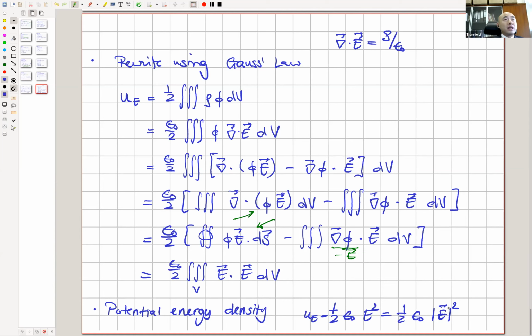Because I can associate a particular energy density to the field itself. You don't need a test charge to be there for the field to exist. The field itself exists. And this is actually quite an important result to consider.